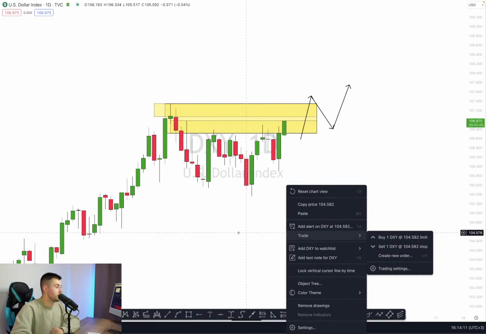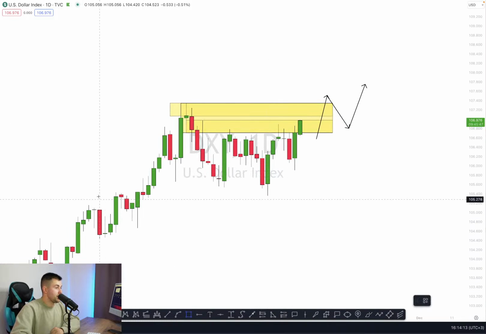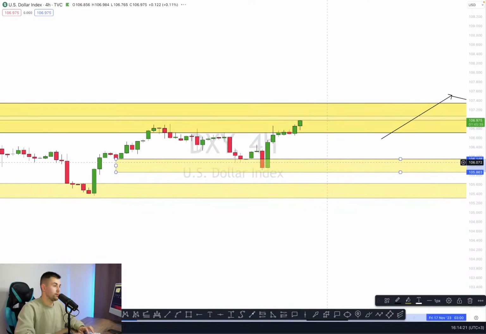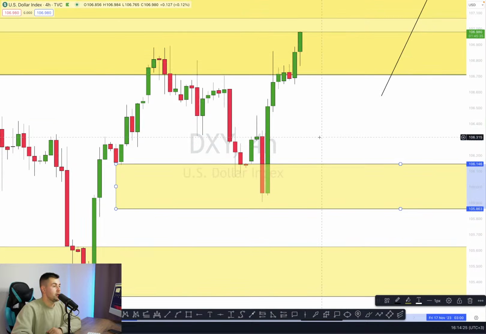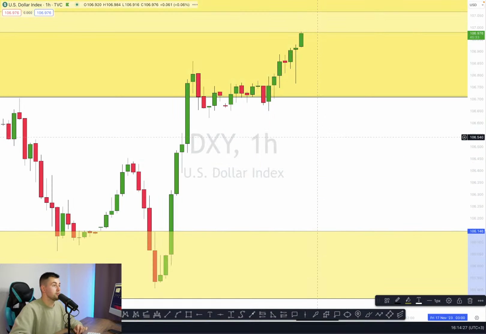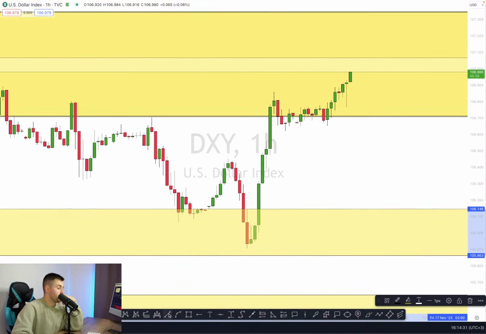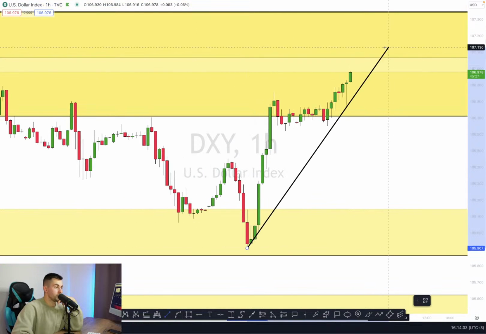Then, considering the bearish outlook, we have a strong support right here, and we also have a strong support right here. Let's open 4-hour time frame now and check what we have on a 4-hour. Nothing special, by the way. How about an hourly time frame? On an hourly time frame, probably we have a wedge.